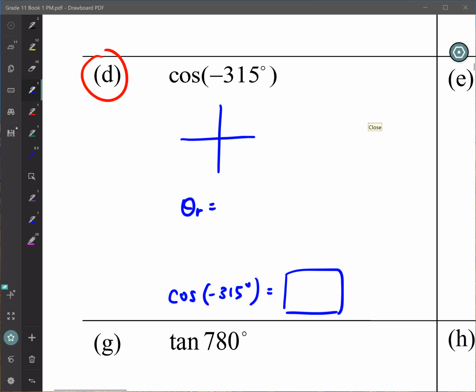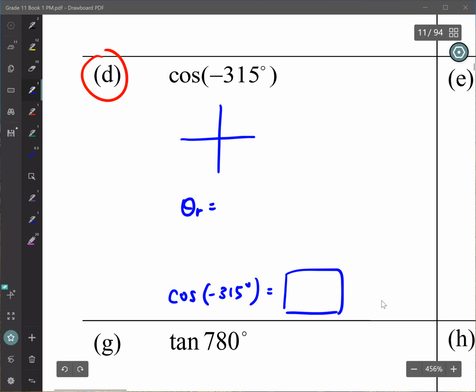Can you say out your answer? You say you're lagging. You cannot hear me or what? Waylon, can you turn on your mic? Okay. What's your answer?